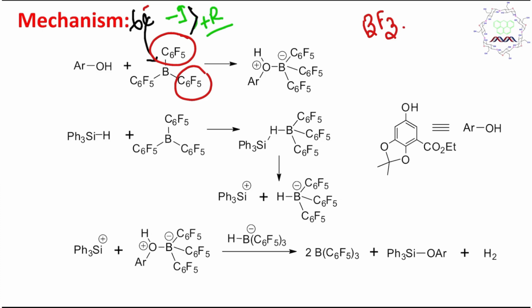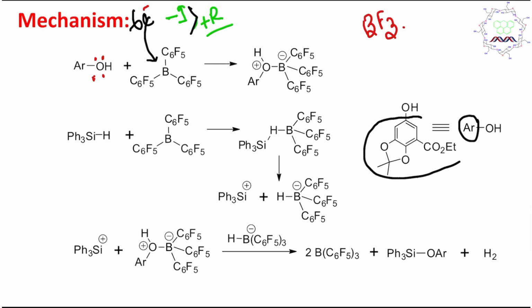So here, who can approach this boron center? Obviously an atom that is, first of all, electron rich, and second, smaller in size, and this oxygen of OH perfectly matches. You can see this Ar means the rest of the part, because the main reactivity is happening on the OH side.